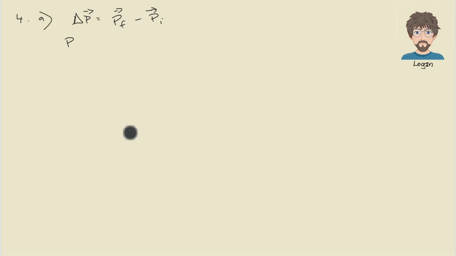The magnitude of PI is mv, which is 0.085 times 9.6, which is 0.816 kilogram meters per second. Seems right.